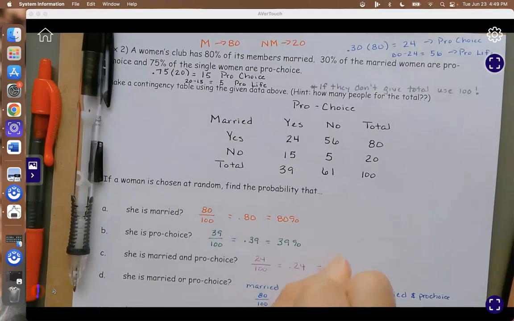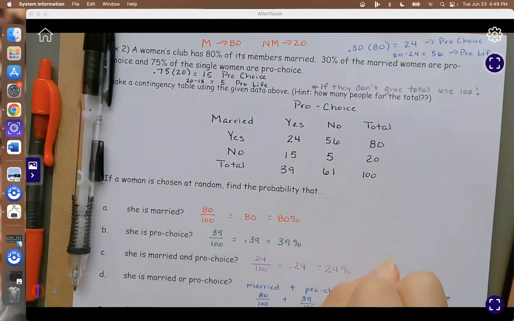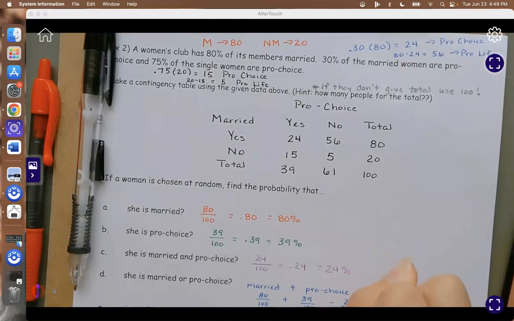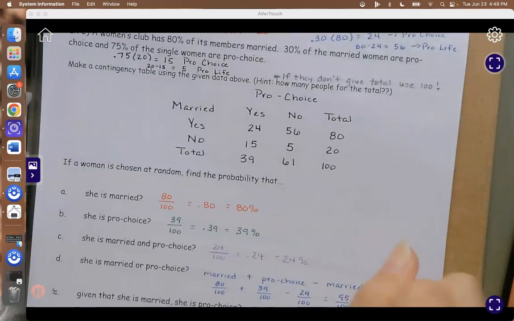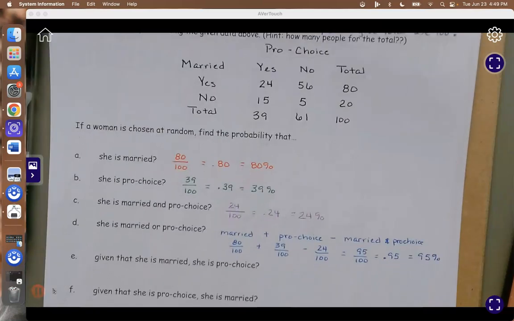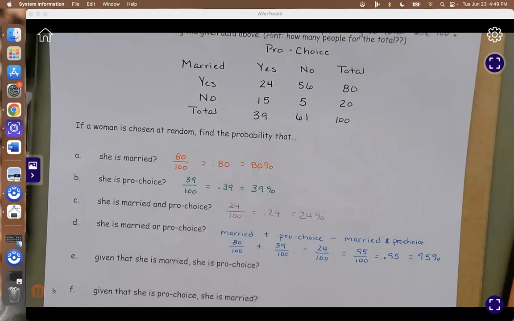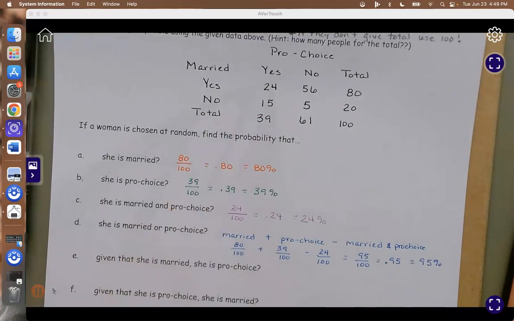Pro-choice is 39 out of 100. Minus the overlap of 24 out of 100. So that means 95% of our surveyed people are either married or pro-choice, because you have to do your 80 here and your 39, and then you got to take out this 24 because they're counted in both.